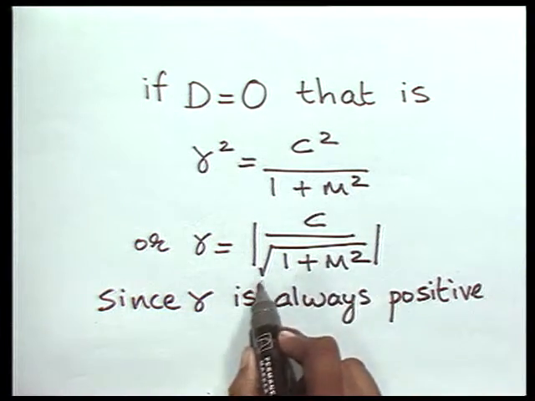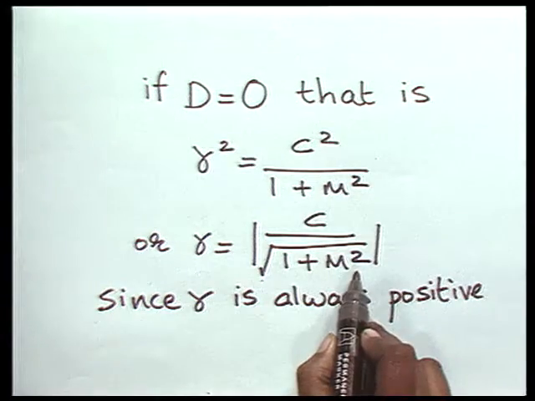In other words, we say that the line is a tangent to the circle. So, we can say that r is equal to modulus of c upon under root of 1 plus m square is a condition for tangency of a line to a circle.